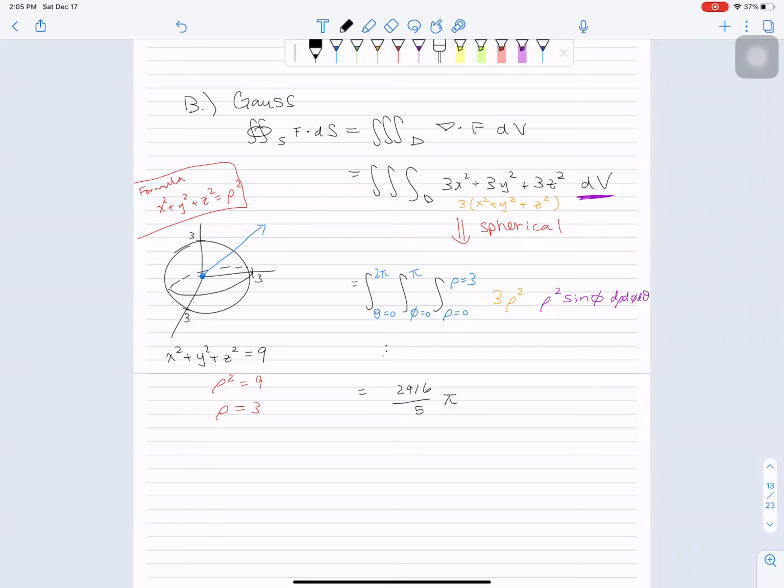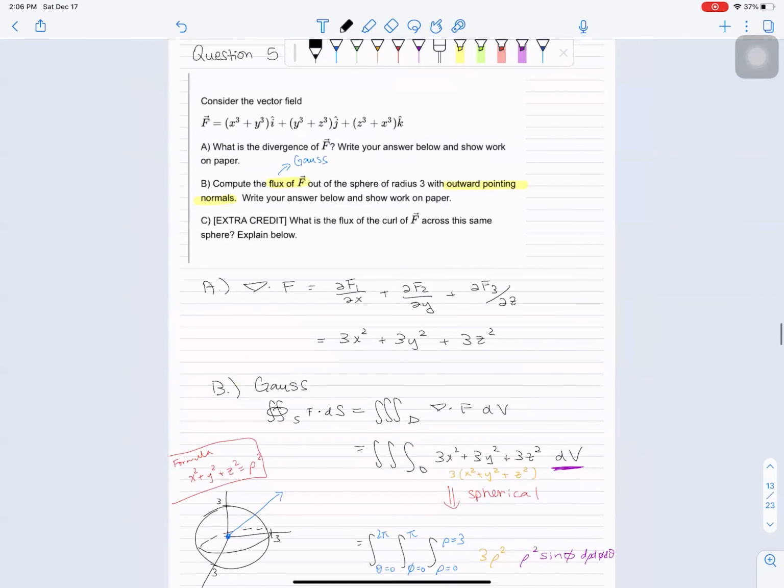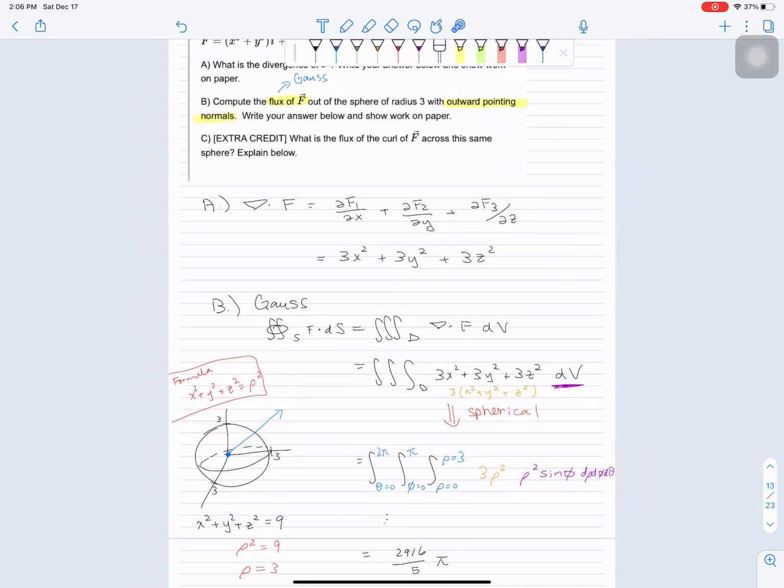So the question is, will we ever need to use the left side of Gauss's formula? And are the bounds per Gauss always the formula for the boundary of the surface? Usually in a question like this, when you're using Gauss's formula, they want you to use the right-hand side because they want you to show how to take the divergence and what the surface is that we're working with.